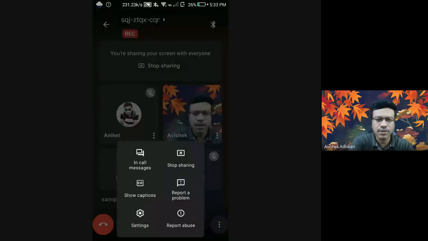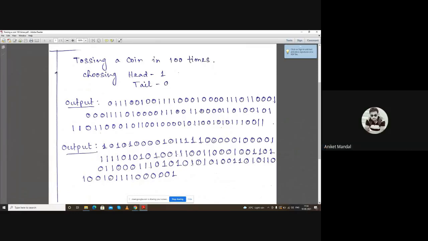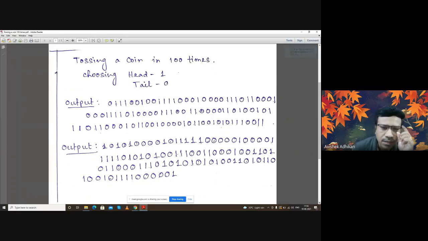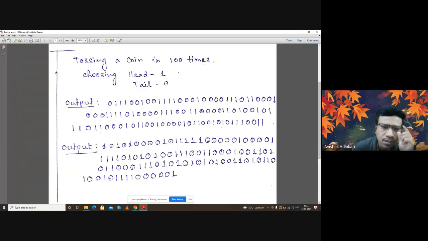But if you look at the first one, who gave the first one? Aniket, I guess. Yes, sir. Aniket, could you please share again? Thank you. Here you have 1, 2, 3, 4, 5, and again 1, 2, 3, 4, 5, and there is none of them here.